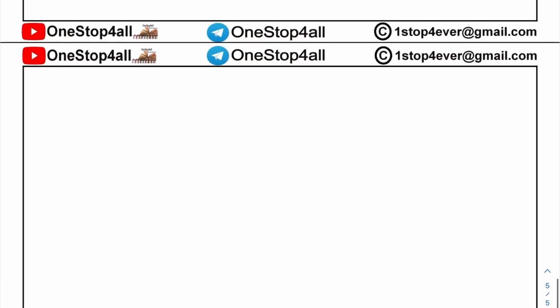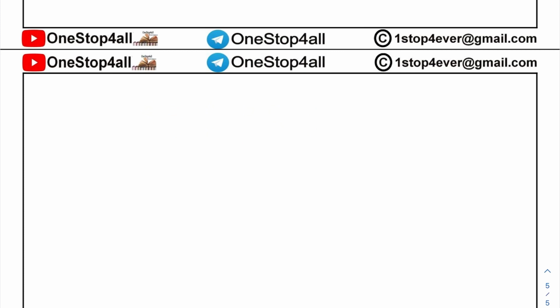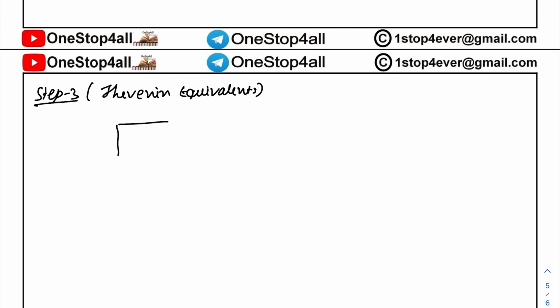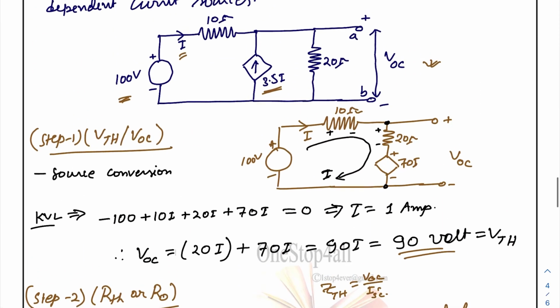So our third step will be to find the Thevenin equivalent. Thevenin equivalent means there will be one voltage source and one series impedance like this. This terminal is A, this terminal is B, with plus and minus. Is any load connected?